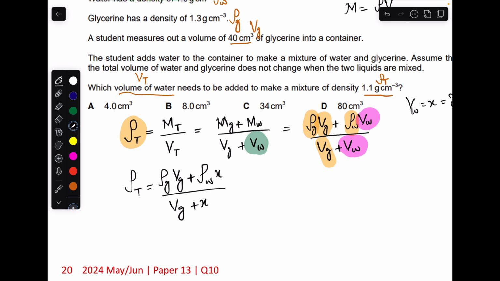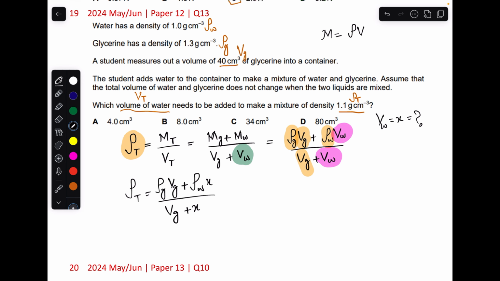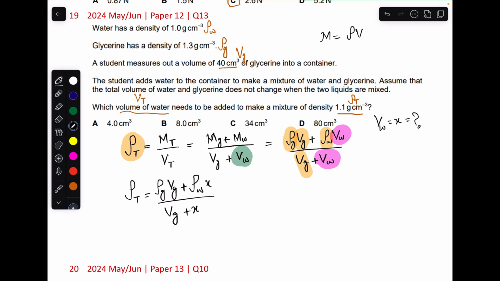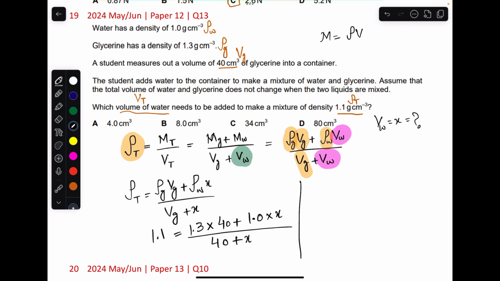When you put the values, it will become total density is 1.1, the density of glycerine is 1.3, volume of glycerine is 40, plus density of water is 1 into x, divided by volume of glycerine 40 plus x. Okay, so now we just have to simplify this. 1.1 times (40 plus x) will be equal to 1.3 into 40 plus 1 into x, which is x.